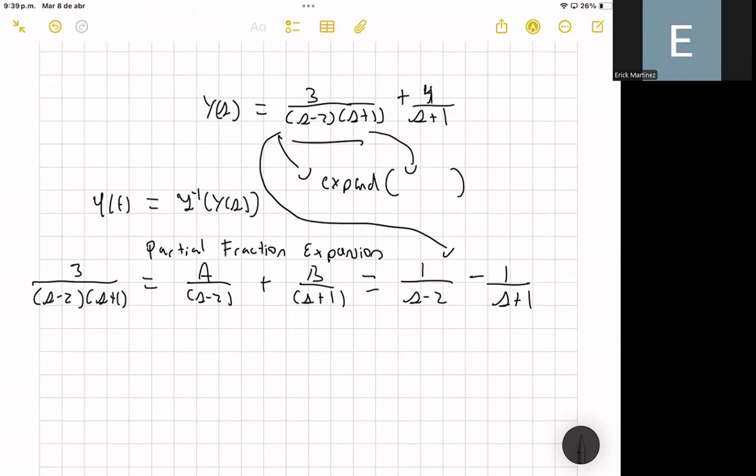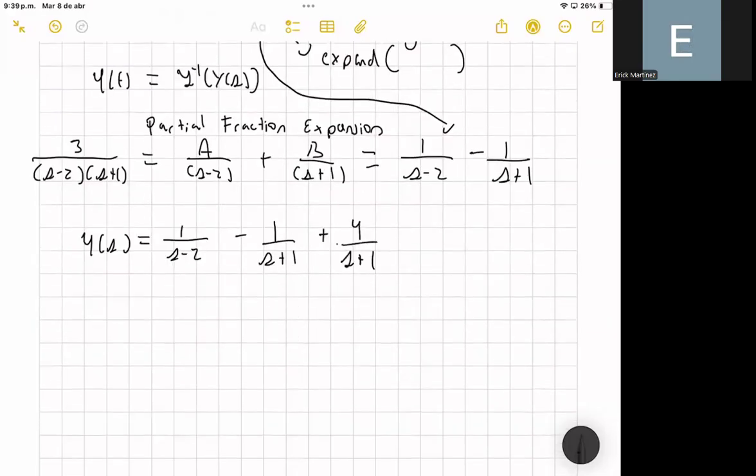Okay, so we can say that y of s is equal to 1 over s minus 2 minus 1 divided by s plus 1, and we have this term 4 divided by s plus 1. And now we need to obtain the function in the time domain in order to solve the differential equation.